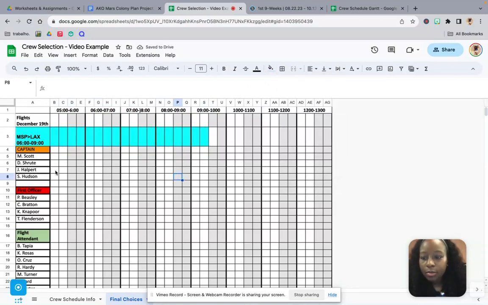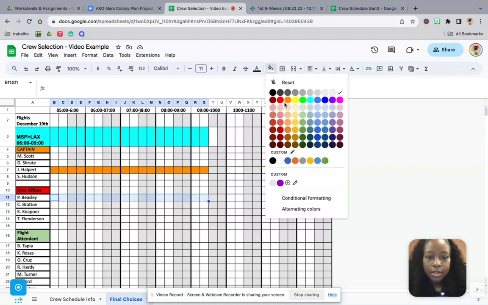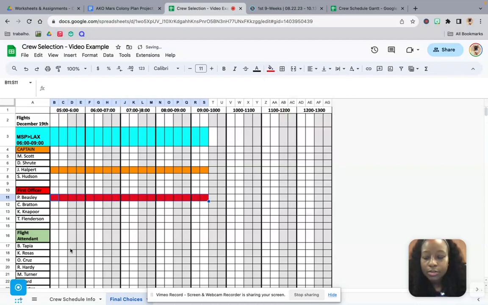So we picked Halpert. So Halpert will come here. And we're going to use this orange color to match the captain. First officer, we chose Beasley. So we're going to fill that in, with the red to match first officer.